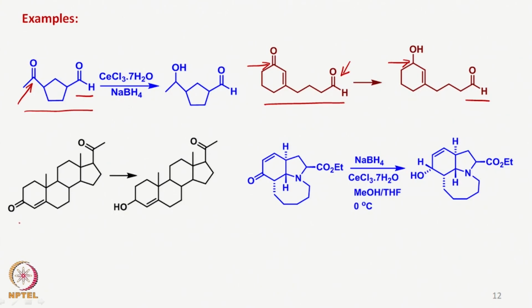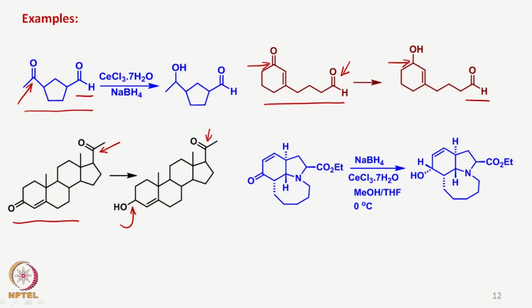In another example, in which an enone and a ketone were present in the same molecule, as you can see the enone gets reduced to the corresponding allylic alcohol, and the saturated ketone remains as it is.